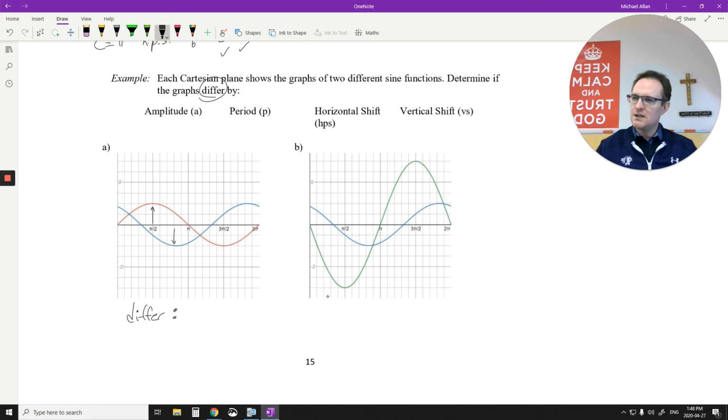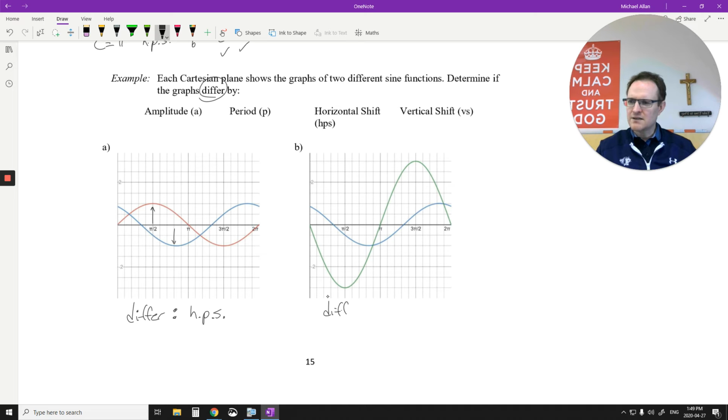But this one only differs by the horizontal phase shift, the HPS. Definitely not the same place in the same time. And looks like they have the same vertical, the midline, so they have the same vertical shift or vertical displacement there.